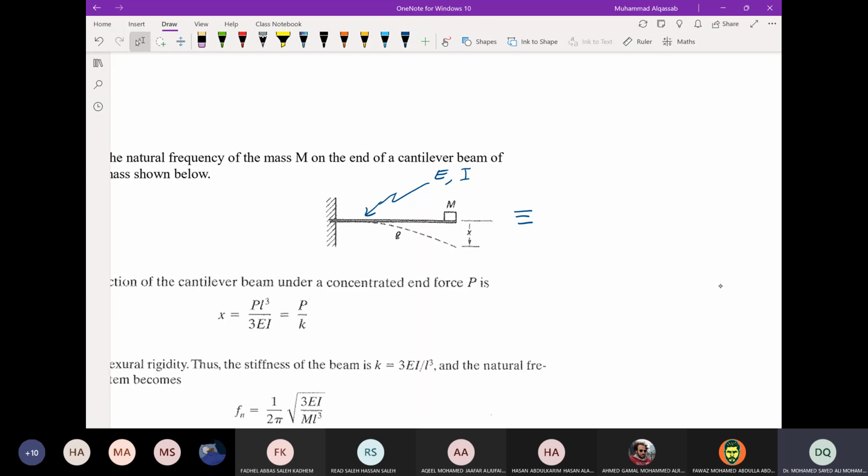This is the actual system. This can be modeled as a spring supported. This is the fixed end, so it is fixed here. And this point is moving with X. Okay, we should get K equivalent for the cantilever beam, which is 3EI over L cubed.